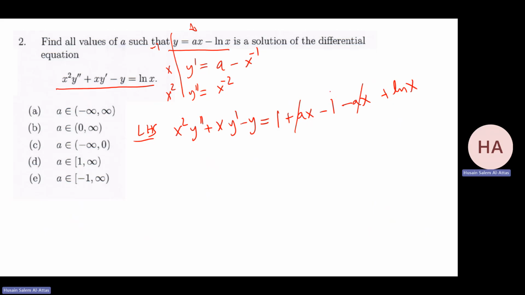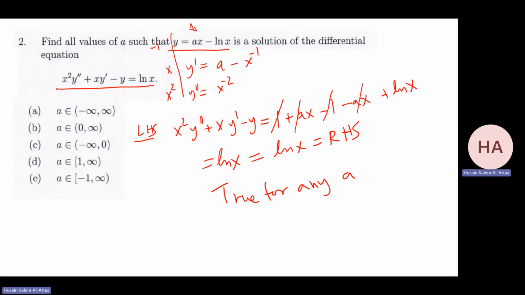So this is cancelled, this is cancelled. I'm getting ln x, which is equal to ln x, which is the right-hand side. So it means this is true for any x. This is true for any a, because there's no restriction on a. What is the set of all values of a? All values, minus infinity to infinity.